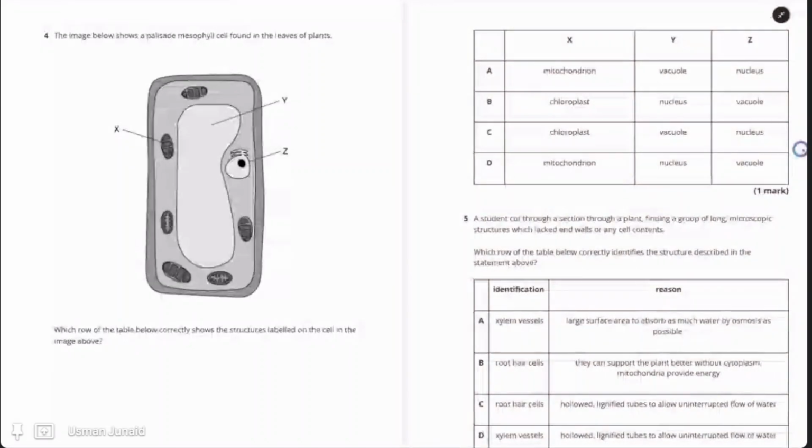X is mitochondria. No, mitochondria looks like this. So if it's not mitochondria, what else can it be? There's only two options for X, right?